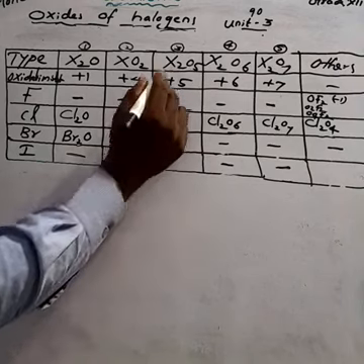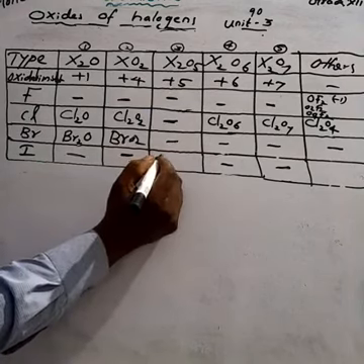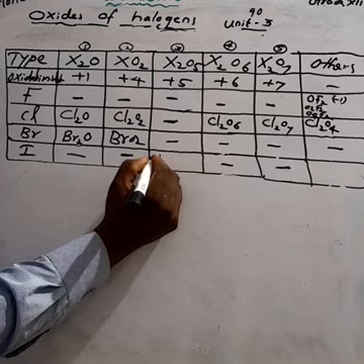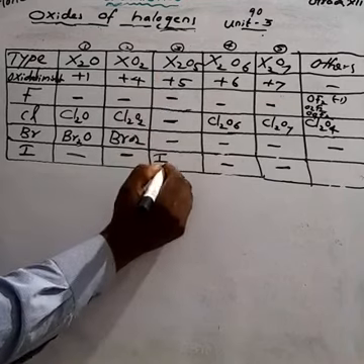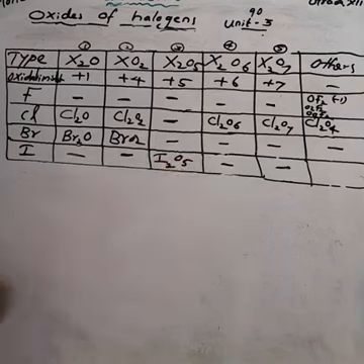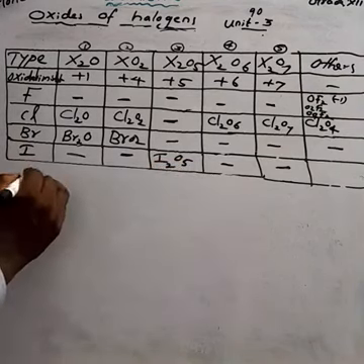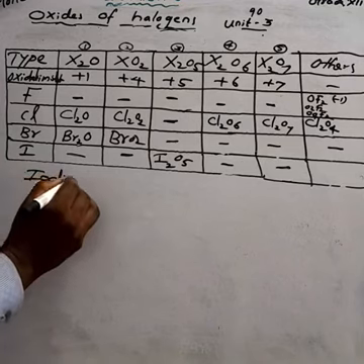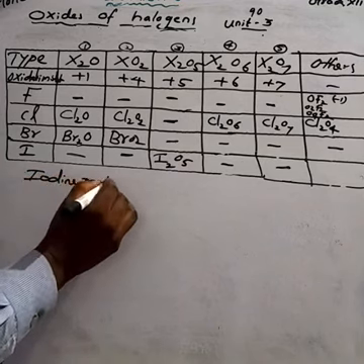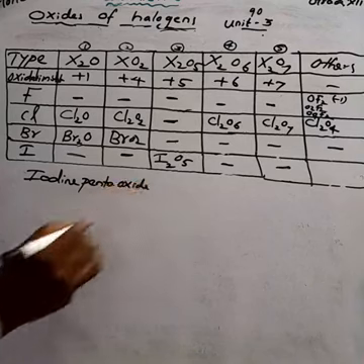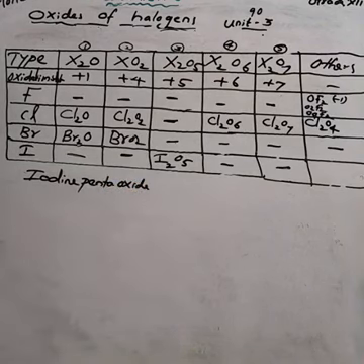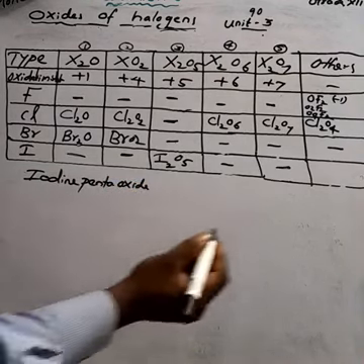One of the very important one-word questions. The example here is I2O5. The name of the compound is iodine pentaoxide. 5 means penta.